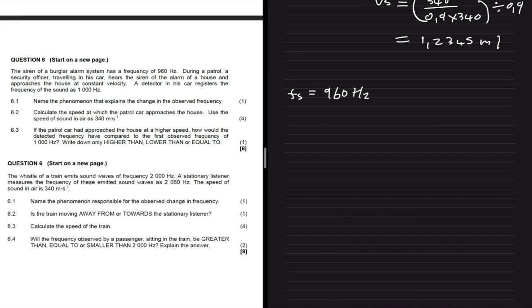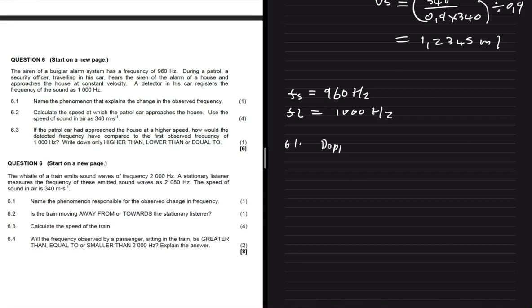During a patrol, a security officer traveling in his car hears the siren of the alarm of a house and approaches the house at a constant velocity. A detector in his car registers the frequency of the sound as 1000 Hz. So frequency observed is 1000 Hz. Name the phenomenon.